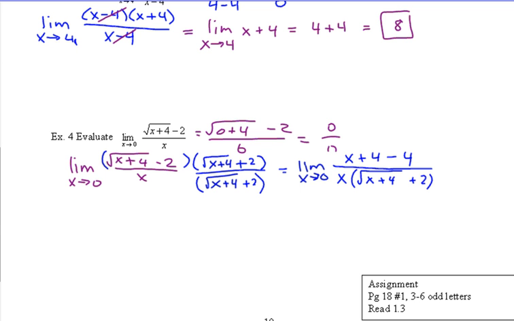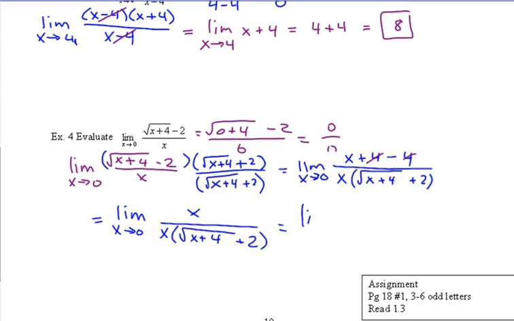Okay. What's going to happen on the numerator? The 4 is going to subtract, and then we are left with x. The x reduces out.